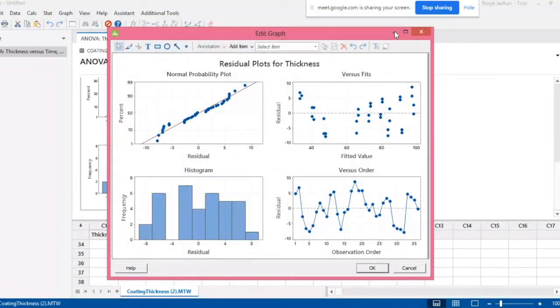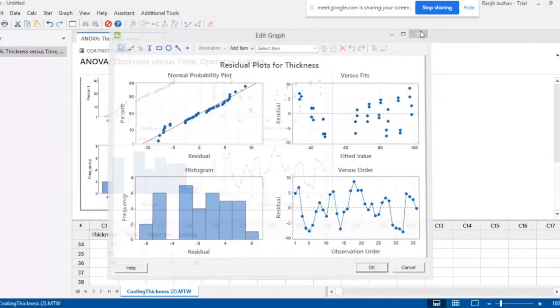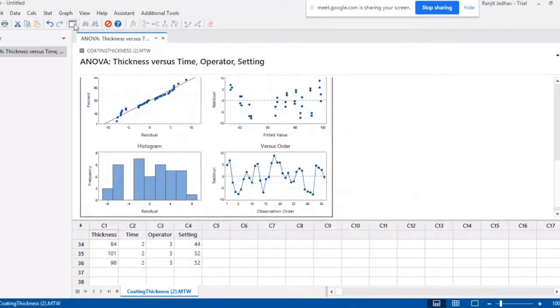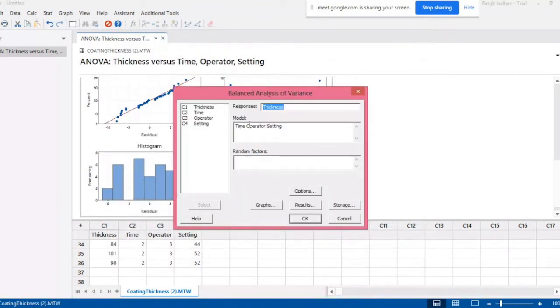Random factor. Okay, so suppose operator is a random factor. Here we can consider only thickness, time, setting, and operator we can put as a random factor. Means operator is not fixed, so that is a random factor.